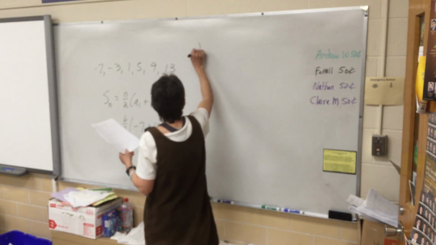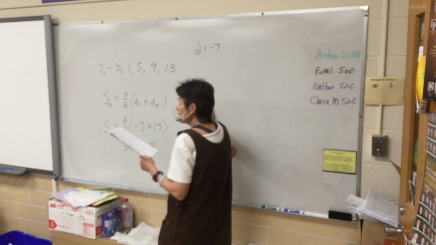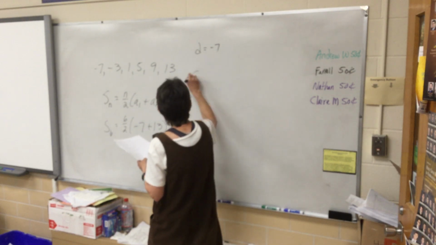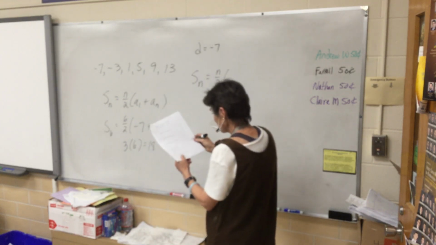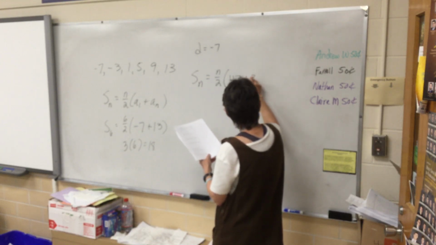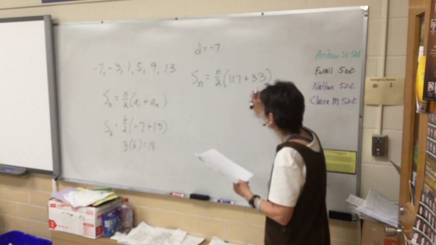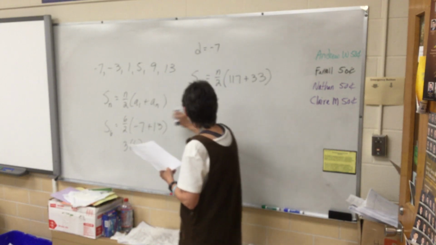With a common difference of -7? So I'm going to use the same formula. I'm going to use this formula. And I know the first number I'm adding is 117, and the last number I'm adding is 33. In my formula, first term plus last term.